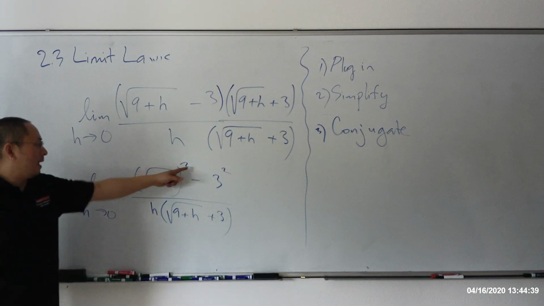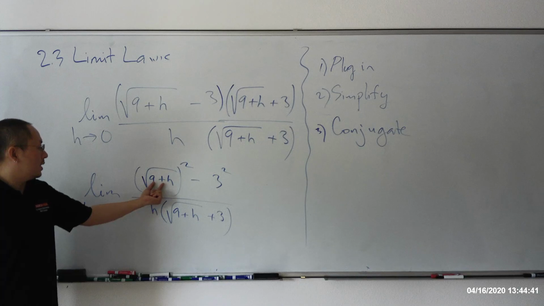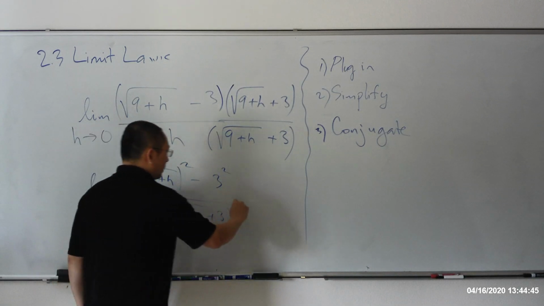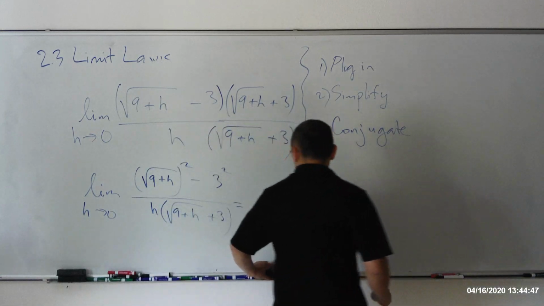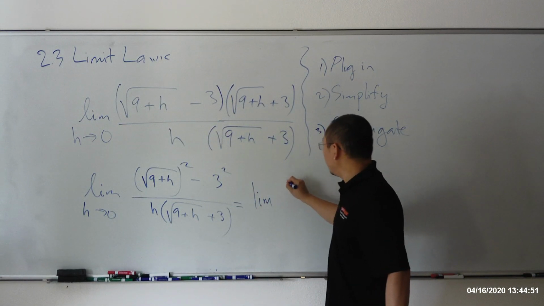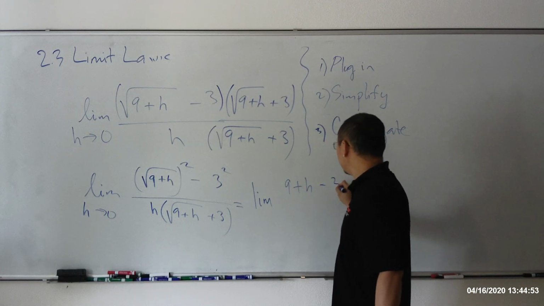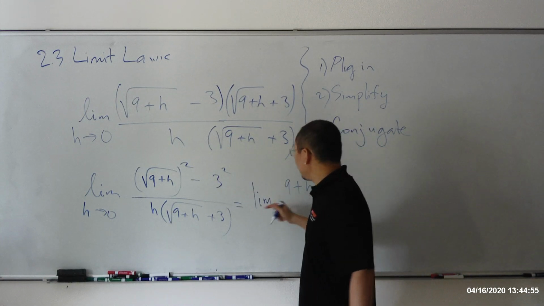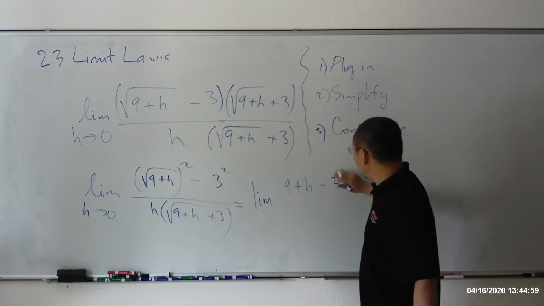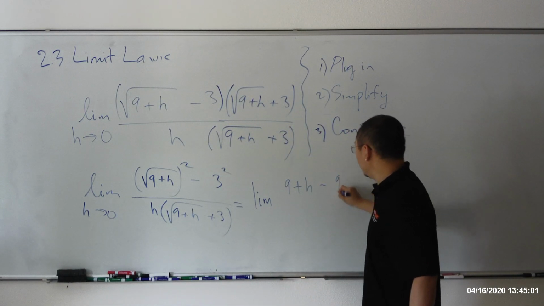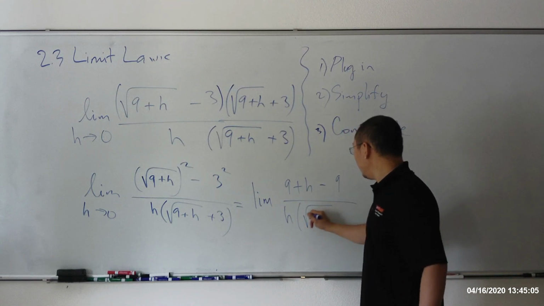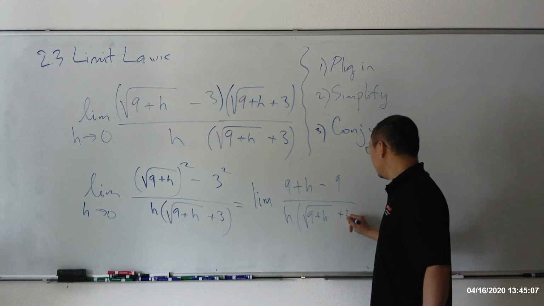And what is so good about the square here? It helps us cancel out the radical. This is going to be the limit of 9 plus h minus 3, since the square root of 9 plus h squared is just 9 plus h, and 3 squared is 9, over h times (square root of 9 plus h plus 3).